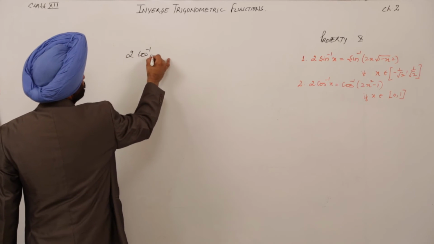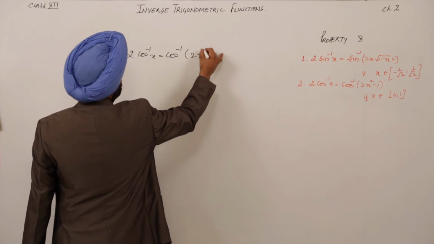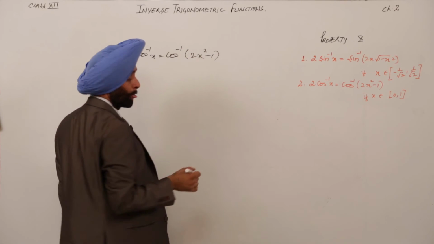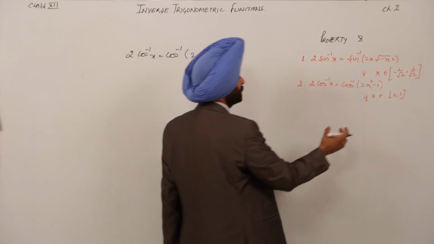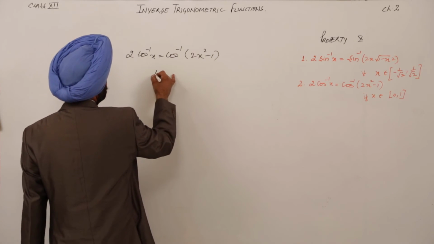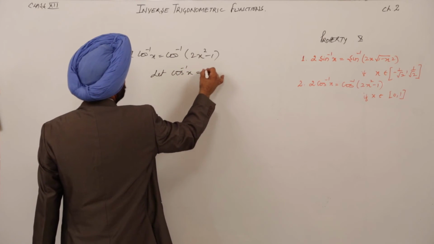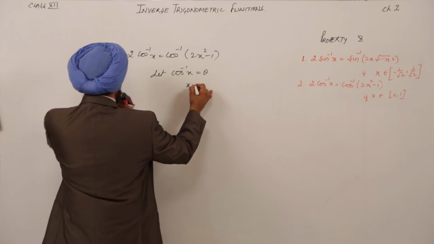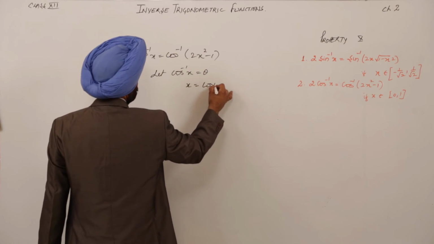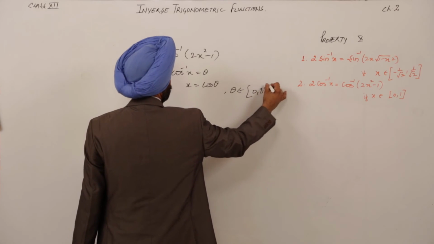2 cos inverse x is equal to cos inverse 2x square minus 1. Okay, the condition is x belongs to 0 comma 1. Now we write let cos inverse x is equal to theta and x is equal to cos theta, where theta belongs to 0 comma pi.